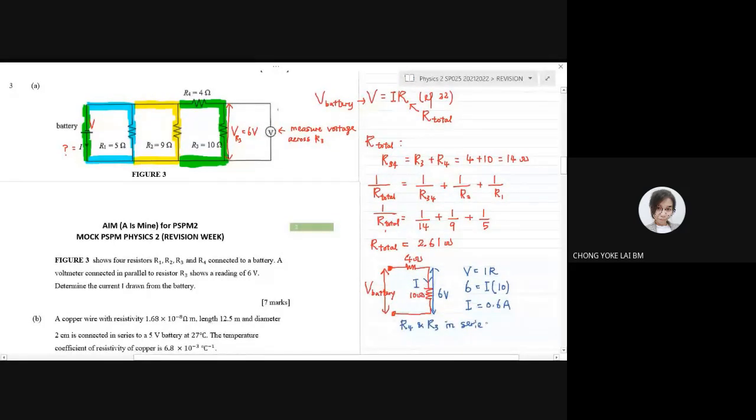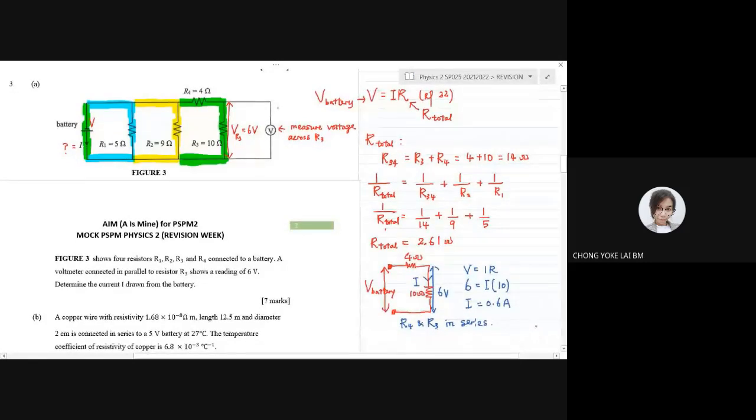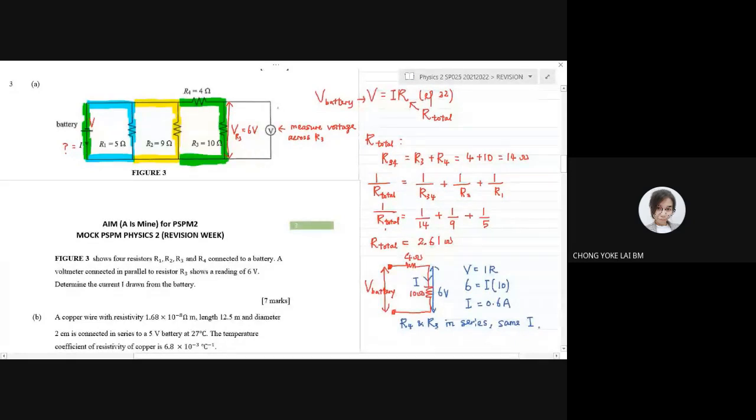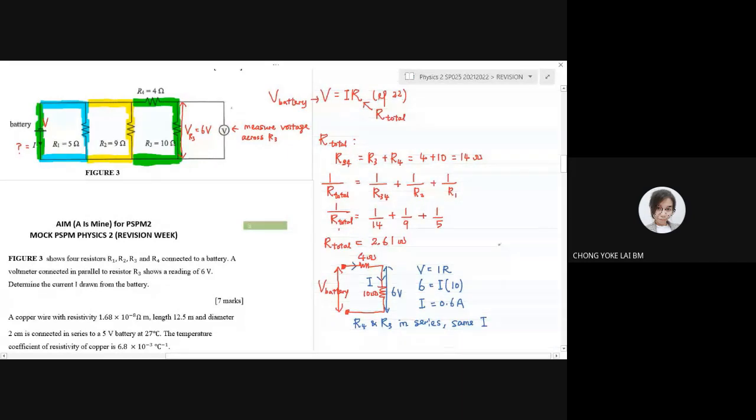So, kalau kita recall konsep dalam direct current circuit, for any resistor connect in series, they will have same value of current. So, maksudnya, current yang lalu 4 ohm pun adalah 0.6 ampere.